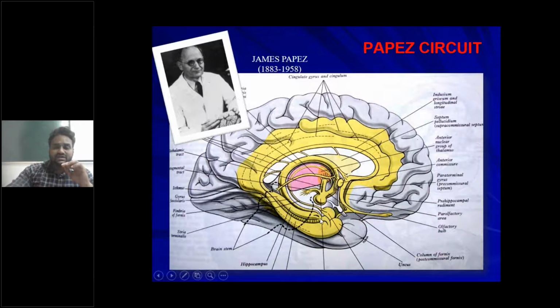These parts are all interconnected to form one circuit. That circuit is called the Papez circuit. The main function of the Papez circuit is that it is concerned with permanent and long memory. This is the permanent and long memory. This is called the Papez circuit.